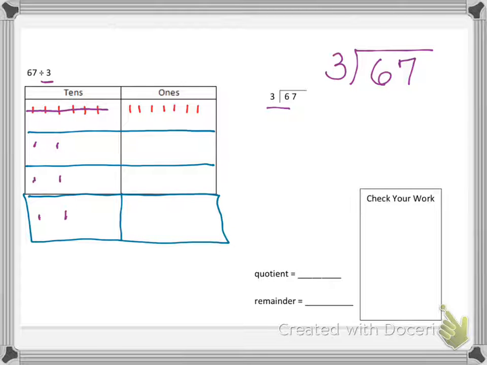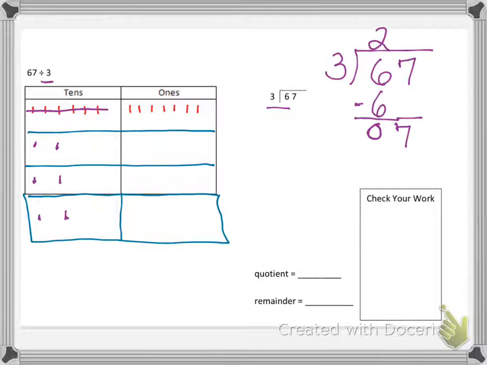But how's that going to look in our standard algorithm of division? And we would put our 2, because 3 goes into 6 2 times, just like we have over here, 2 in each group. So that means we used up all of our tens. And 3 times 2 is 6, and that's 0. So we got to bring down this 7, and now we need to work on the ones.